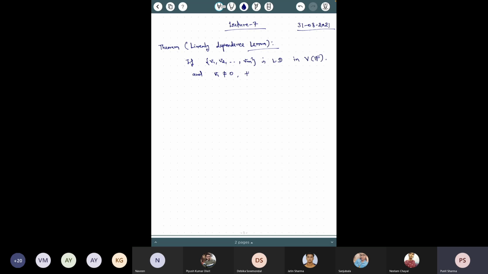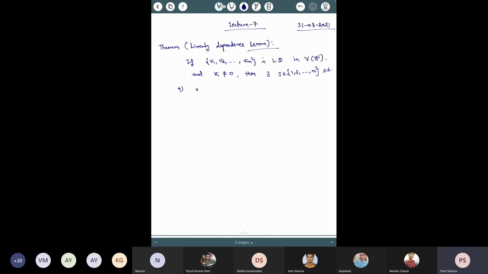Then this result says that there exists an index j in the set 1 to m such that these two things are satisfied.